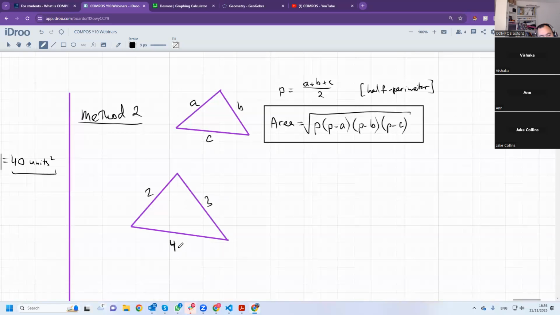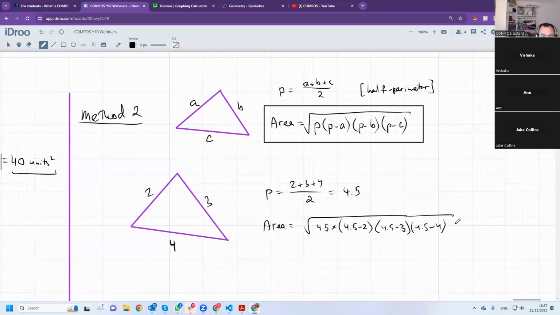Yeah, should be fine. So the half perimeter is 2 plus 3 plus 4 divided by 2, which is 9 over 2, so 4.5. And so the area is the square root of half perimeter, 4.5, multiplied by 4.5 minus 2, 4.5 minus 3, and 4.5 minus 4.